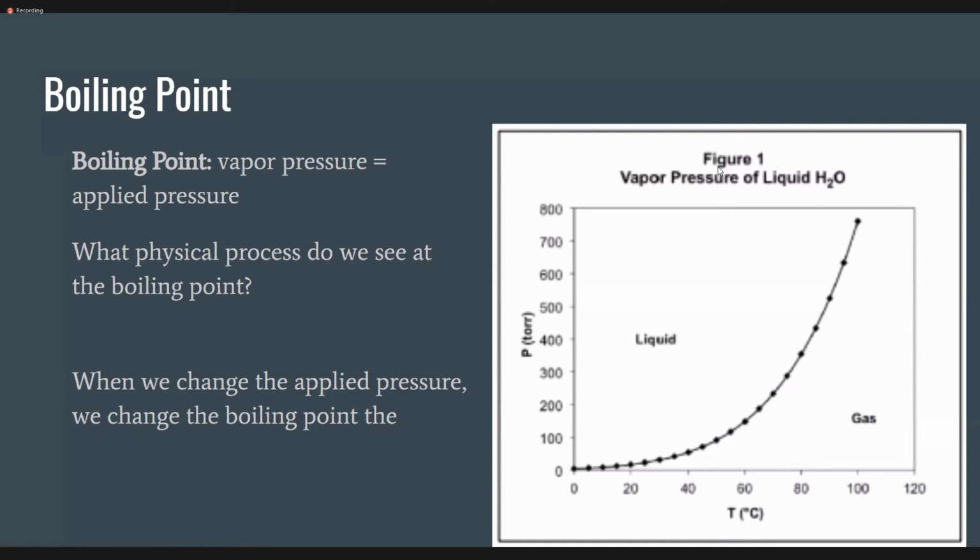The external pressure is the force pushing down on our liquid and gas phases, and the vapor pressure comes from the gas molecules, which pushes up on our movable piston. So if the external pressure is greater than the vapor pressure, like in this example, then the downwards force is going to be greater than the upwards force, and the piston is just going to move down until there are no gas molecules anymore.